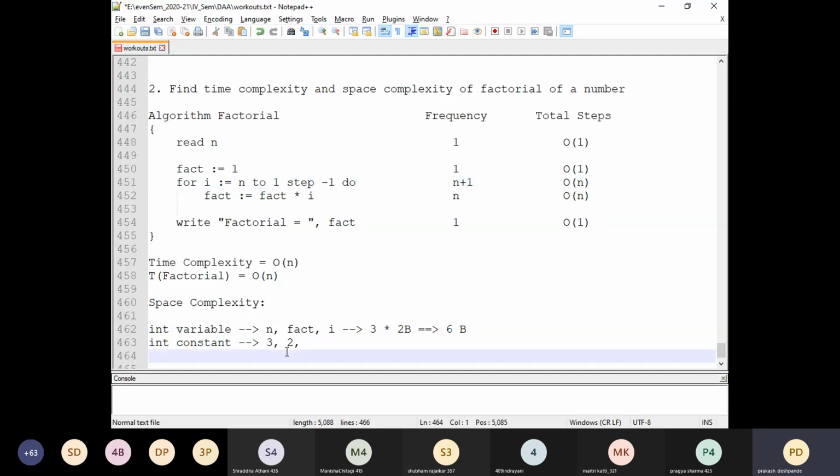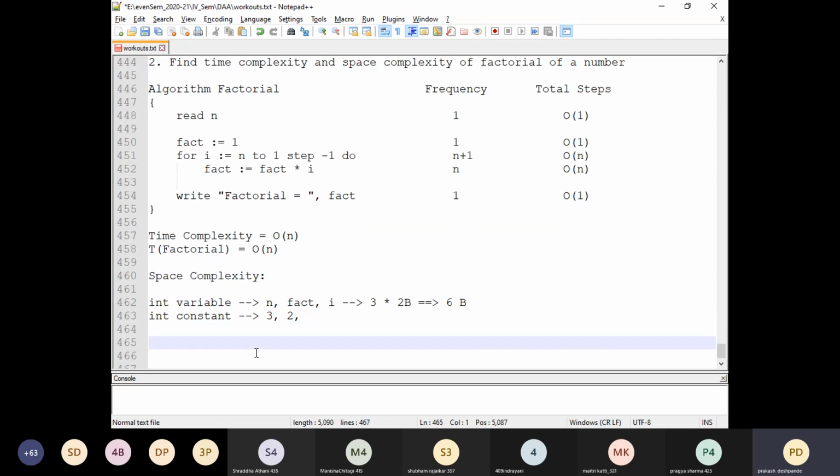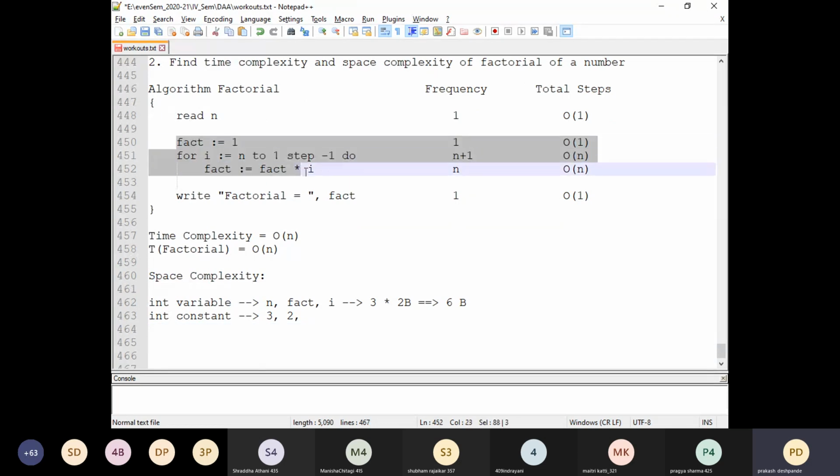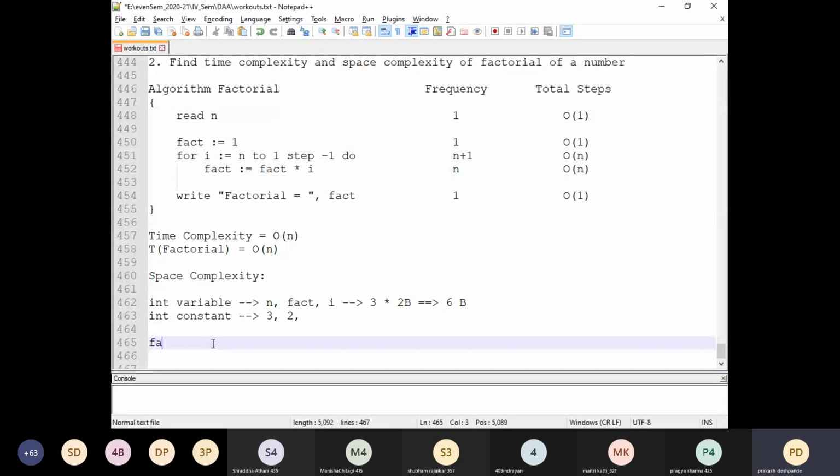Now we need to interpret and understand, among all these three numbers, which are really constants and which are not. In order to understand, let me try to write the corresponding statements, these particular steps, in C language, right? Fact equals to 1 is the first statement.